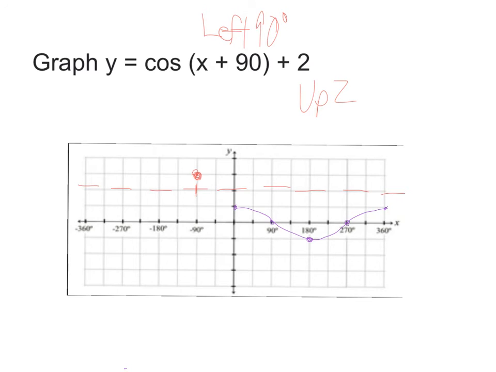If it helps you to draw the original one and just move each point individually, you can do that. So now, this point here at 90, 0, needs to be shifted to the left 90 degrees and up 2. So now it's at 0, 2.